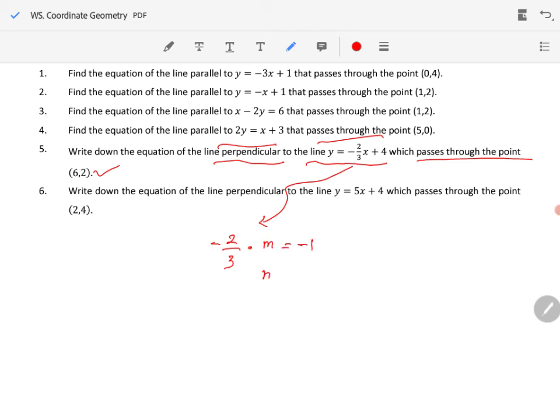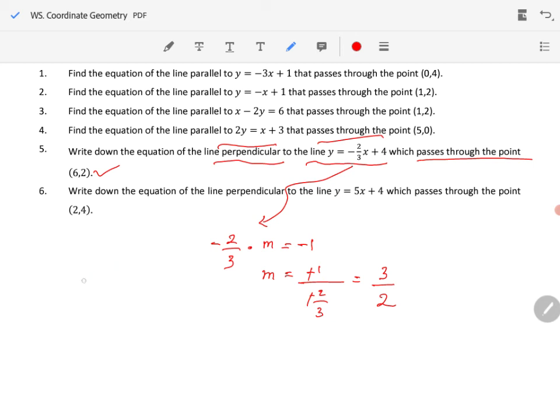So m will be equal to -1 divided by -2/3. Cancel, so we will have 3/2. That's m.